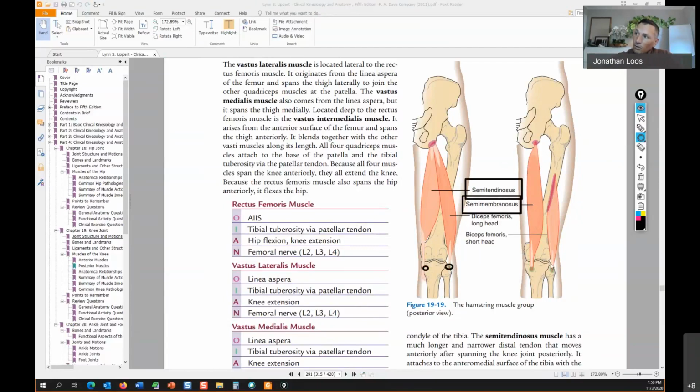And the short head also converges down to the same tendon, but it only originates on the femur itself. It does not cross the hip. So only 3 of the hamstrings act as hip extensors, but all 4 act as knee flexors. The only one that's not a hip extensor is the short head of the biceps femoris. But remember, biceps are the lateral, semitendinosus and semimembranosus are the medial hamstring muscles.